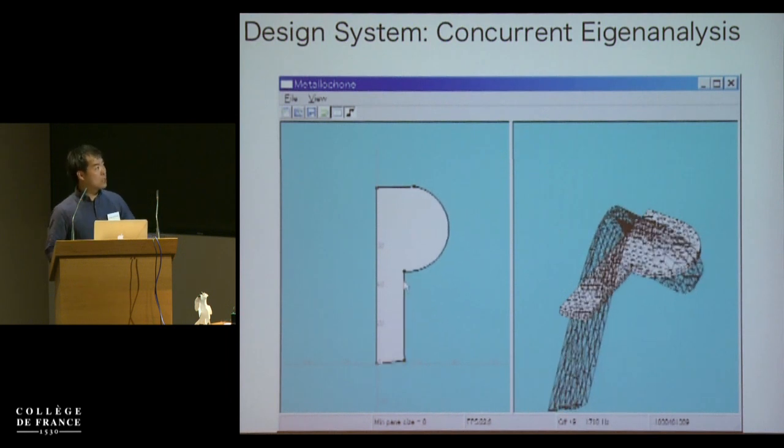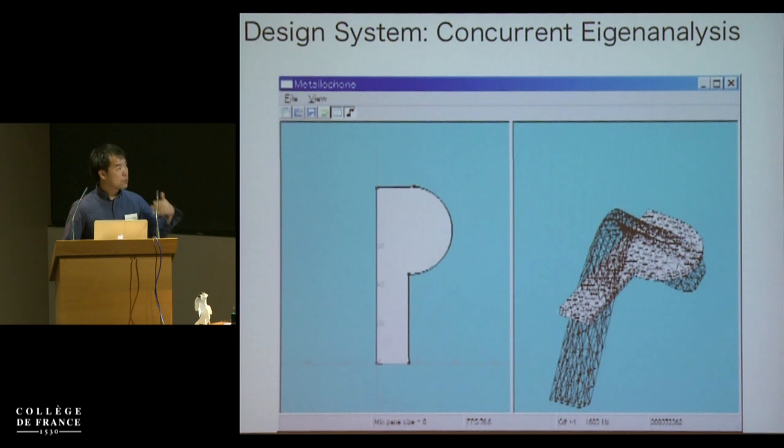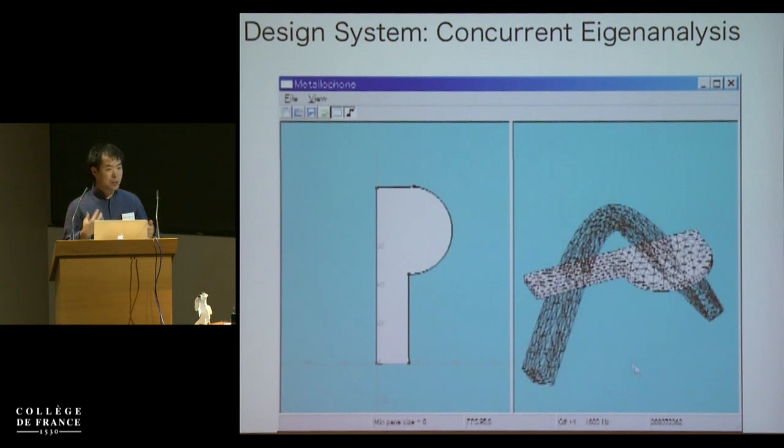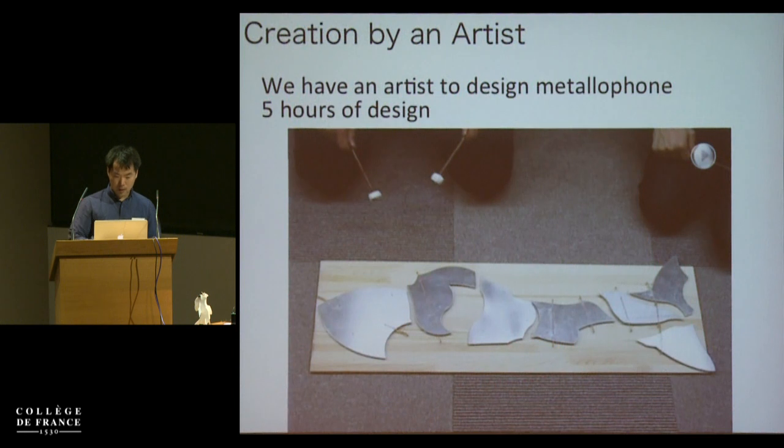And with this software, the user can satisfy this very difficult constraint while putting some aesthetic aspect in the design. So we gave this software to artists, and here is what we got after 5 hours of creation.